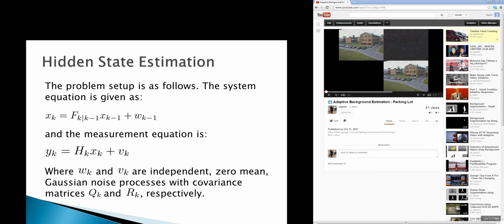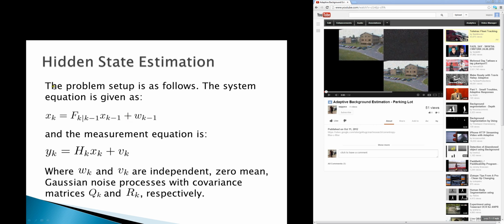The problem of hidden state estimation is as follows. We assume the system is described by two equations: the system equation and the measurement equation. The system equation tells us how the hidden states of the system evolve in time. We assume a linear model here, so x_k at current time is just F times x_{k-1} plus an uncertainty value, or noise.